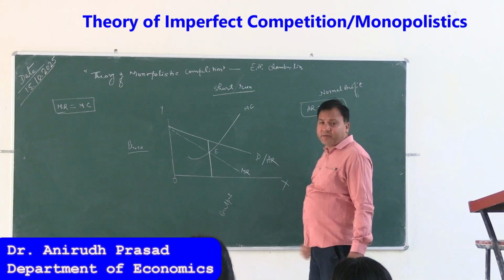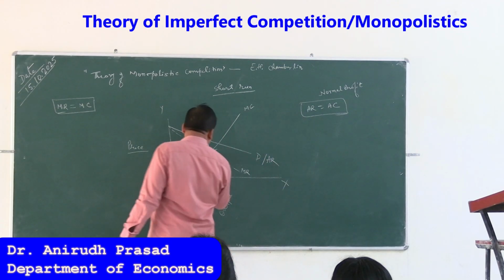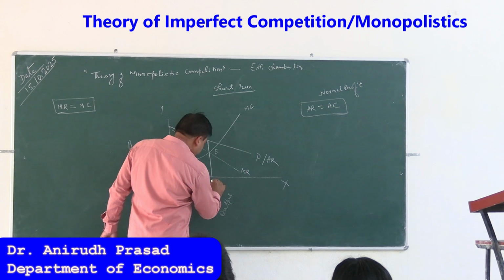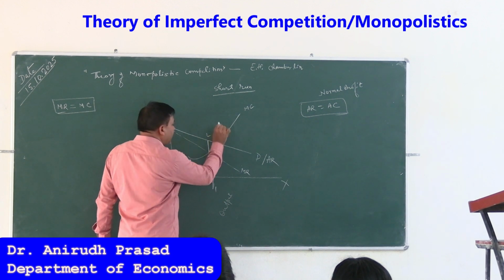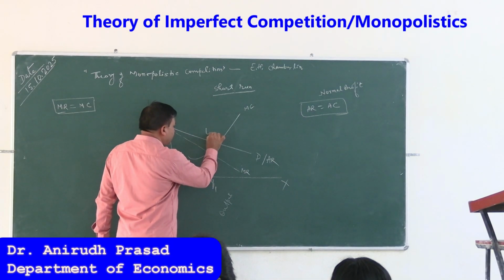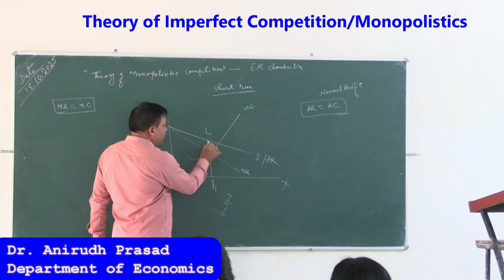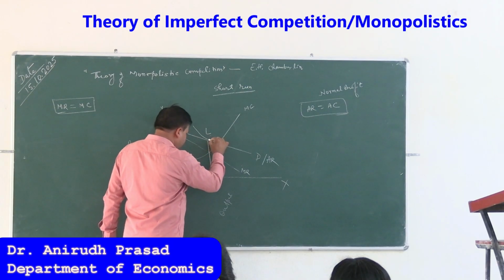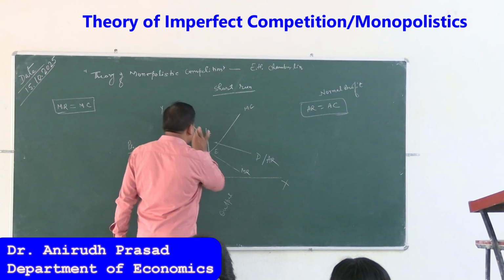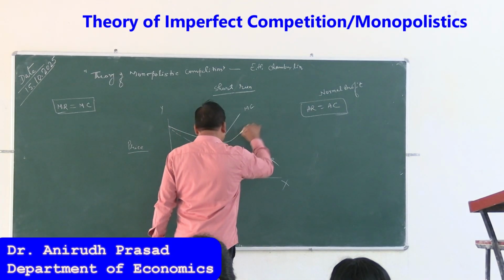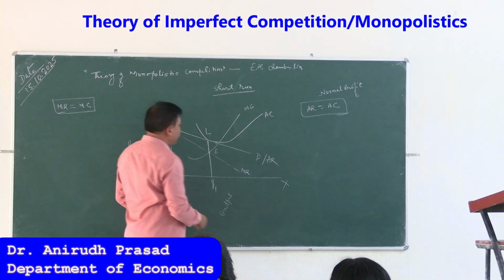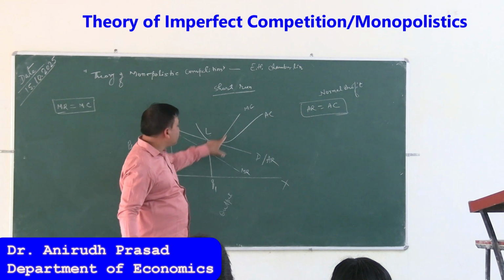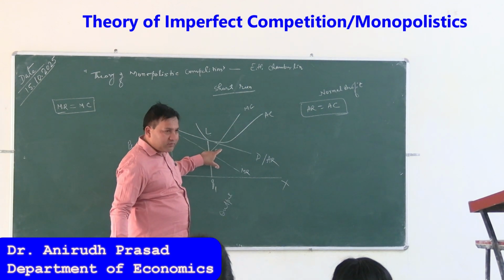So at equilibrium, this line Q1 and L meets the AR curve, and here is the average cost curve. Average cost is minimum where MC intersects it.